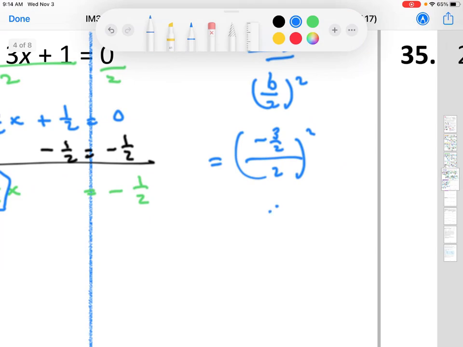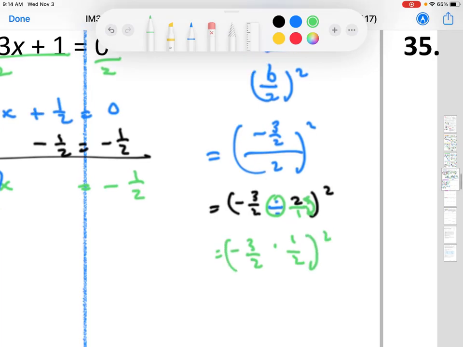Okay, to divide fractions, I have the numerator, negative 3 halves, divided by 2. I'm going to make this one a fraction, 2 over 1, and then we're going to take the reciprocal. You're going to switch these two, so 1 half. So now it's negative 3 halves times 1 half.